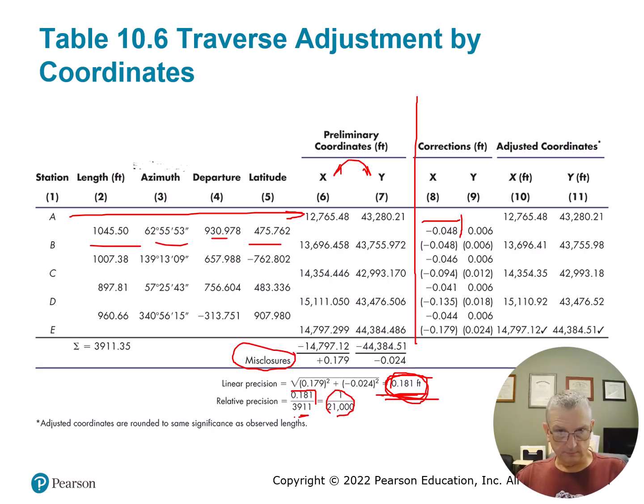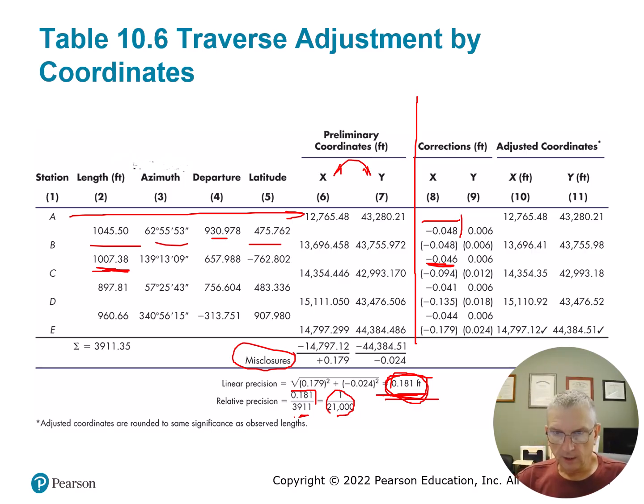And then if you're just looking at adjusted latitudes and departures, then you've got 1007.38. That would amount in an adjustment of 0.046. If you're adjusting this to coordinates as you go, you would add 1045 and 1007, divide that by 3911, and then add that portion of the error, such that at the very end, your adjusted coordinate is going to move your full error, which eliminates it and takes it back to the correct ending coordinates.